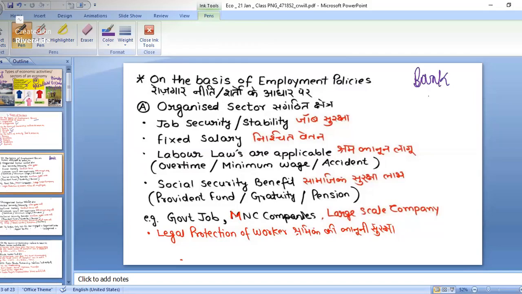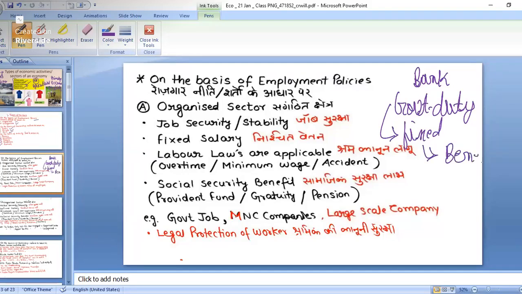Those who are on government duties get benefits. They get a fixed salary, and their working hours are limited. These types of jobs come under the organized sector.